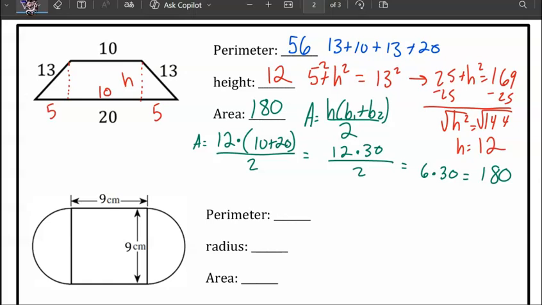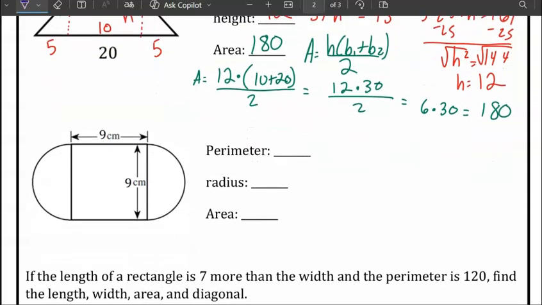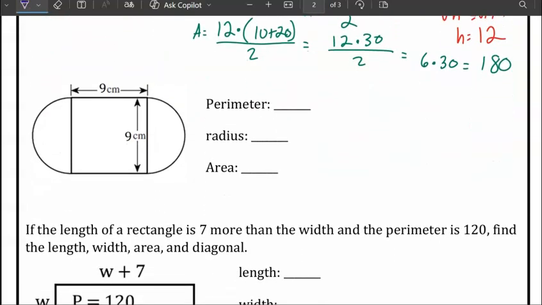For the next one, we have two shapes put together in here. It's a composite figure. We have a circle and we have a square. To find the perimeter, it's the distance around. This is going to be 9 centimeters.